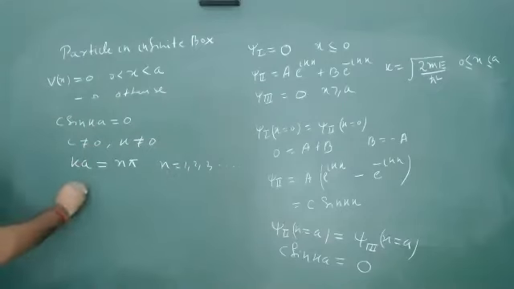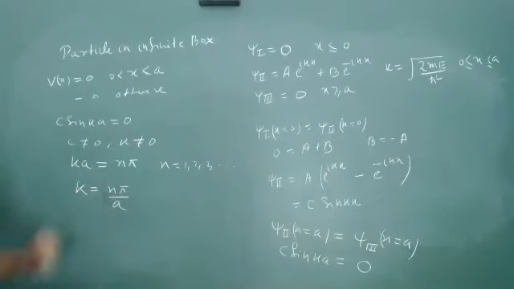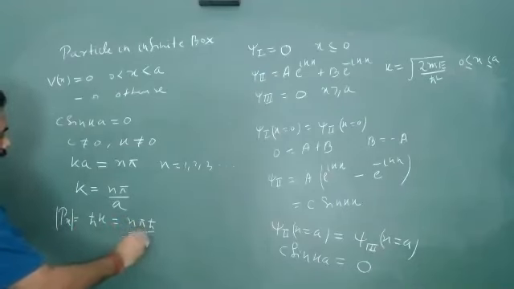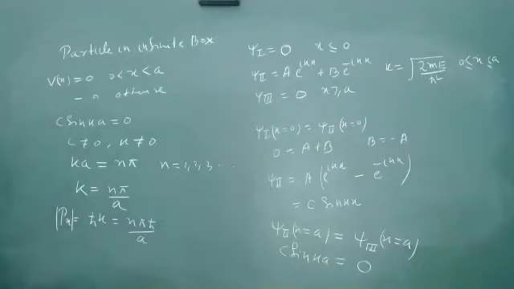Now look here. For the first time, you can see that the wave vector is going to be quantized. The wave vector being quantized means your momentum is quantized. The value of momentum p x is h cut k, and that value is n pi h cut upon a. What are the possible momenta?